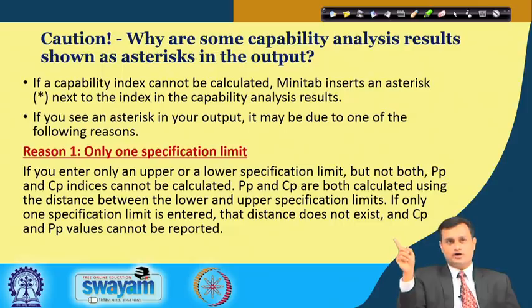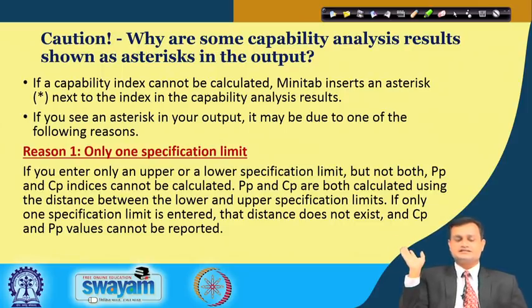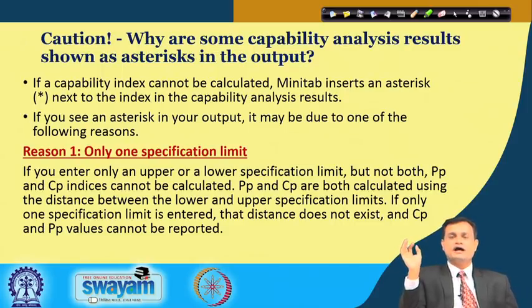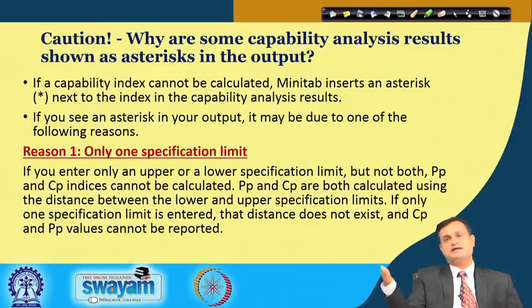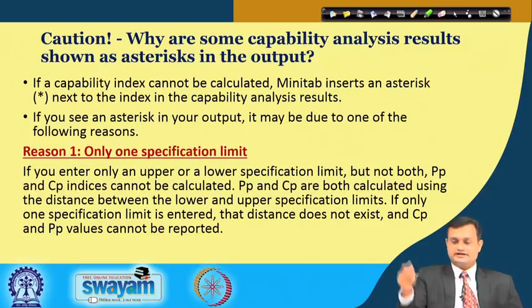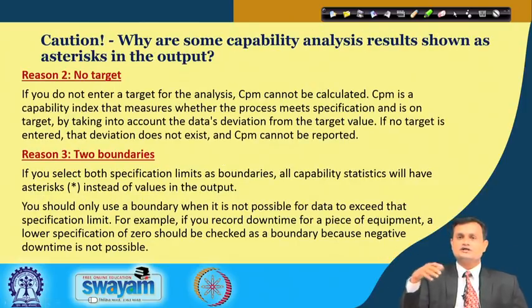either reason number 1, only one specification limit. If you have entered only one specification limit but not both, then typically your PP and CP, where USL minus LSL is required, will show you the asterisk. Similarly, no target.